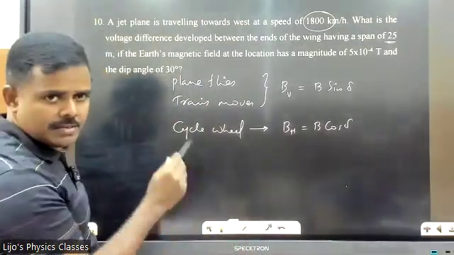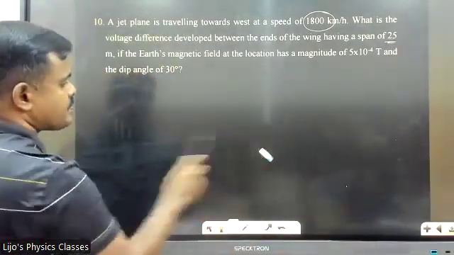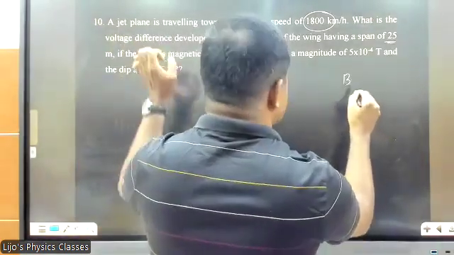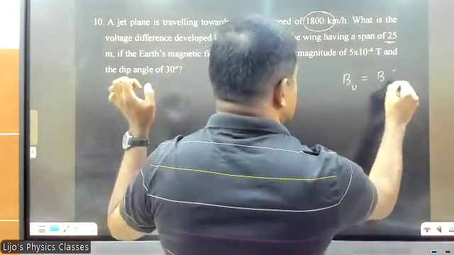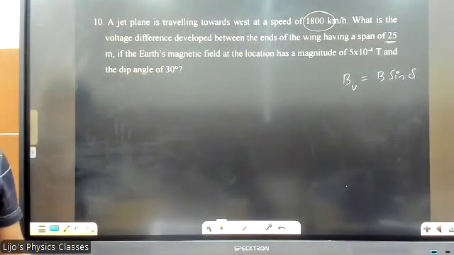Shall I write this? BV and BH. Write this on the margin. This is a plain question, so I want BV. BV is B sin delta, right?